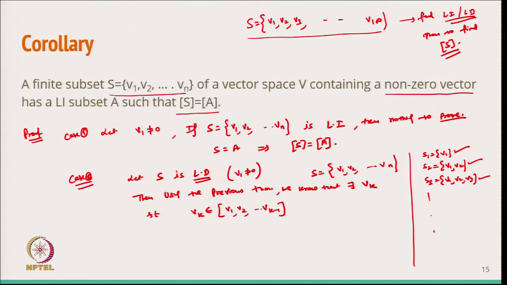That we have already done in the theorem, because it is linearly dependent. So from here we can find a vector, say Vk, which can be written as a linear combination of all the vectors preceding it.